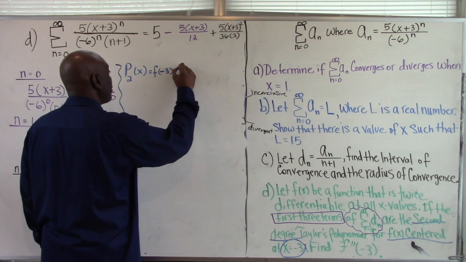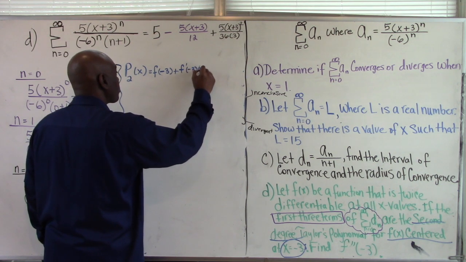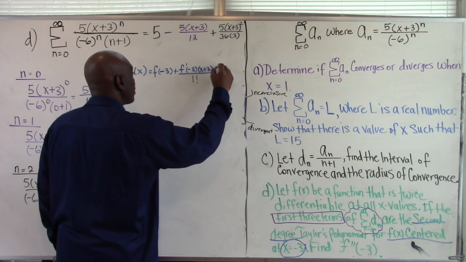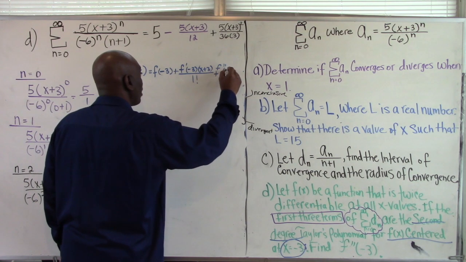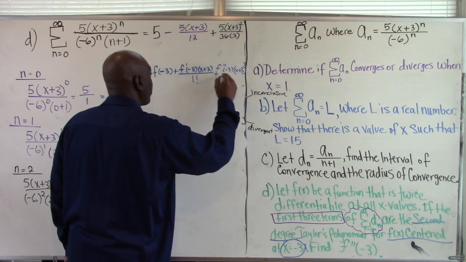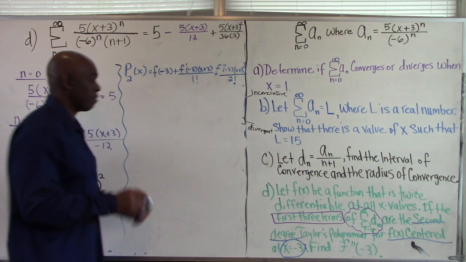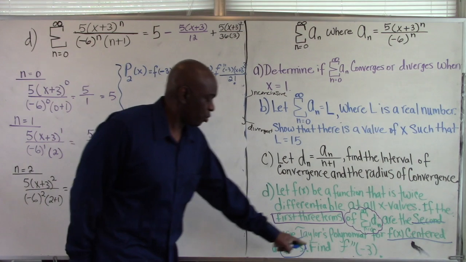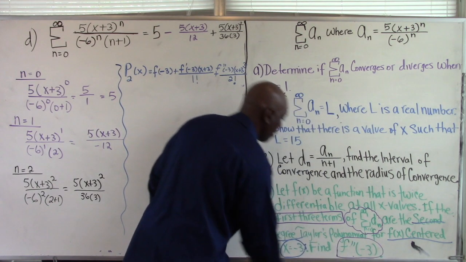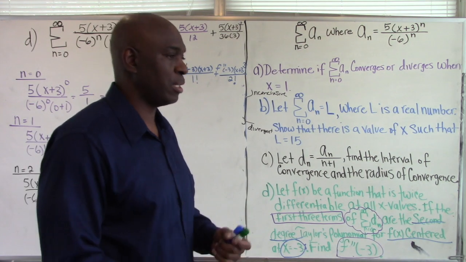Plus f prime of negative 3 times x plus 3 to the power 1 over 1 factorial plus f double prime of negative 3 times x plus 3 squared, all divided by 2 factorial. All right. So if this is what we're looking for here, f double prime of negative 3, that's what we're going after.